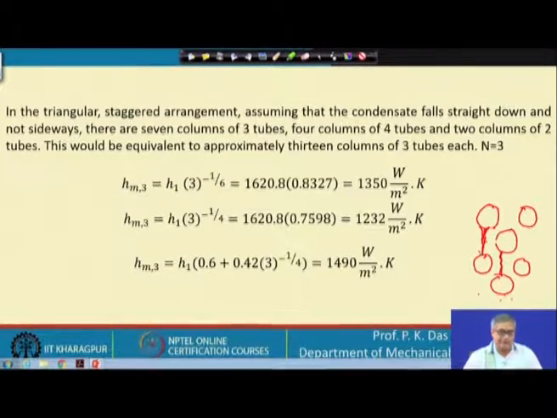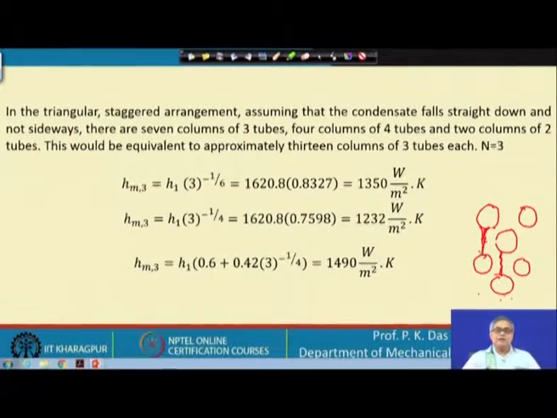If we assume that, then there are 7 columns of 3 tubes, 4 columns of 4 tubes and 2 columns of 2 tubes. So, this would be equivalent to approximately 13 columns of 3 tubes each, with n equal to 3.